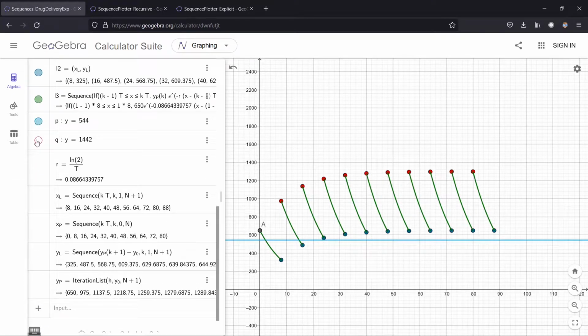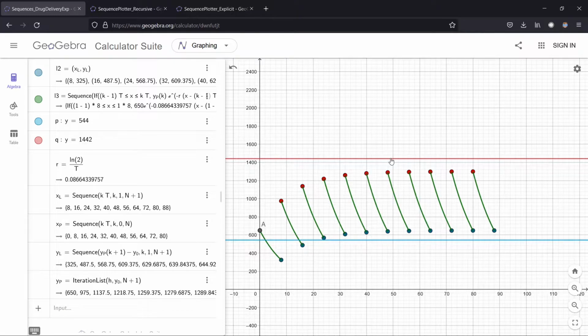I'll put two lines here. Every medication is going to have a level above which it's unsafe, a concentration above which it's unsafe. Every medication is also going to have a lower bound, a lower level below which it's not effective, it's ineffective.